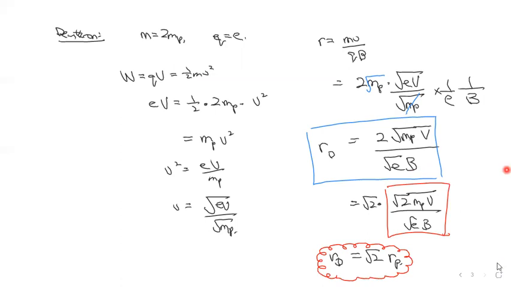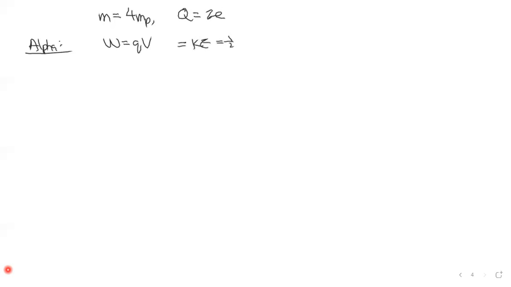Now we can do the same thing with the alpha particle. So again, you've got W equals QV. Of course, with the alpha particle, we know that the mass is equal to 4m, and we know that Q equals 2e. So W equals QV, and that's equal to K, which is half mv squared.